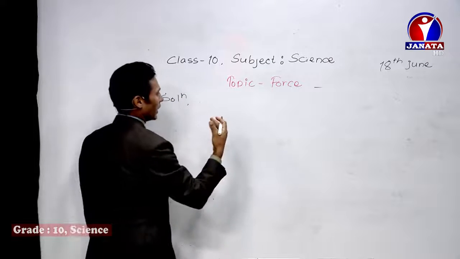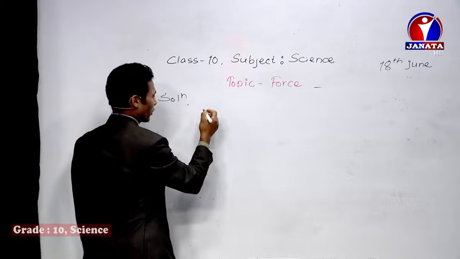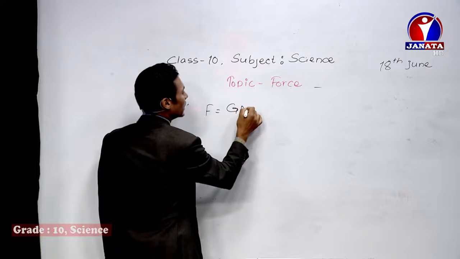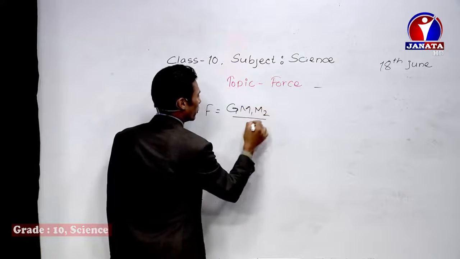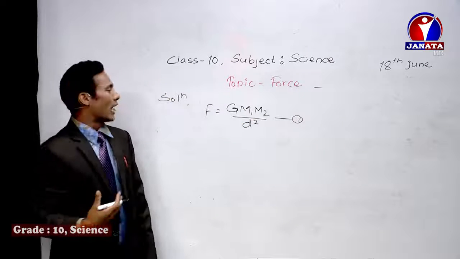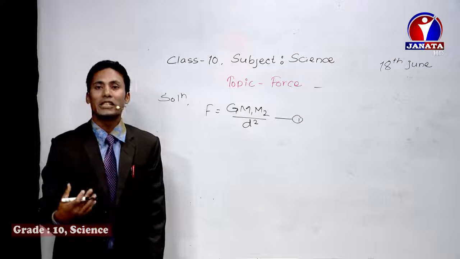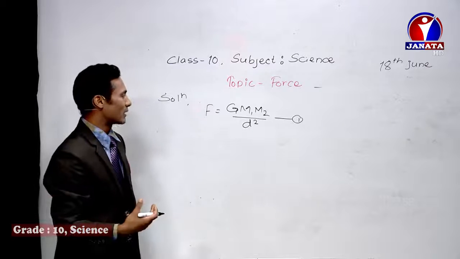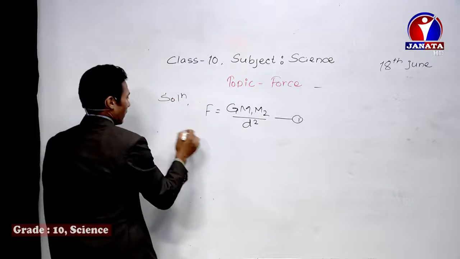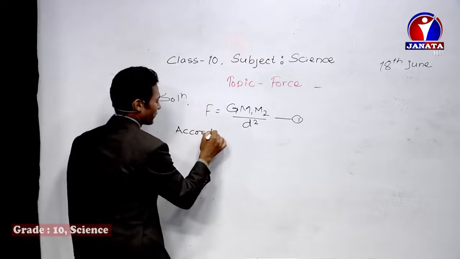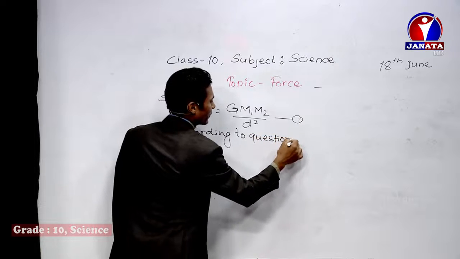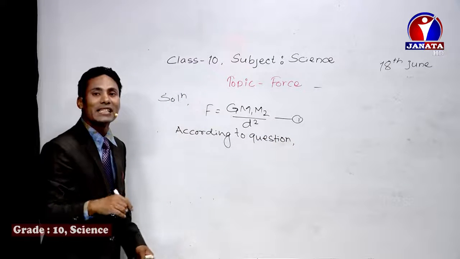From Newton's universal law of gravitation, we can write F equals to G m1 m2 by d square, where m1 is the mass of the first object, m2 is the mass of the second object, and d is the distance between them from their centers. Now according to the question, the distance is decreased by half.